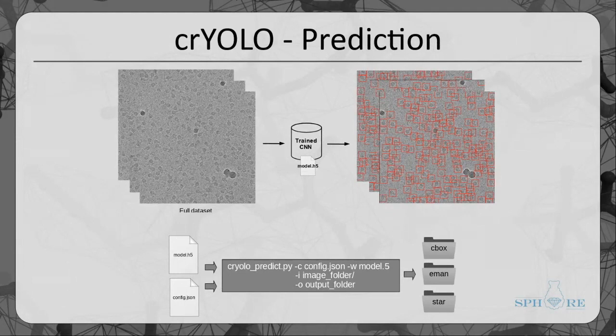And what you get are 3 folders. One is the results in the star file format. One is the result as normal box format using the normal confidence threshold of 0.3. And one is the CBox files.